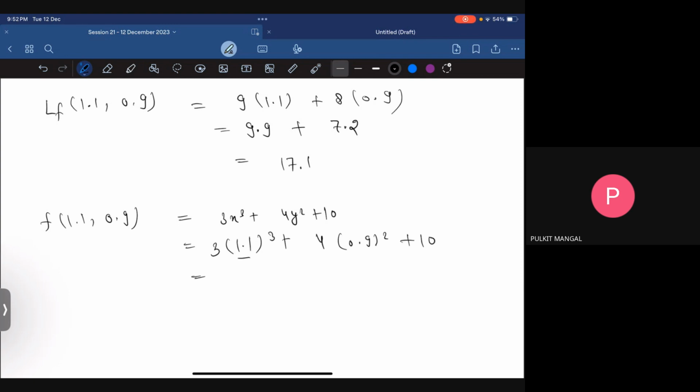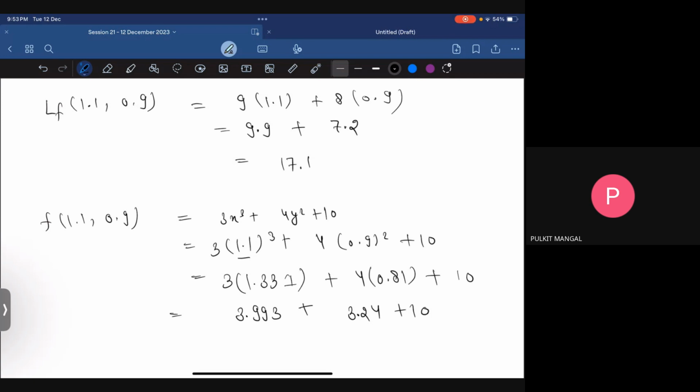So 11 cube is 1331. 9 square is 81. And this is just a 10. Now you will get 3 times 1.331 and 4 times 0.81.